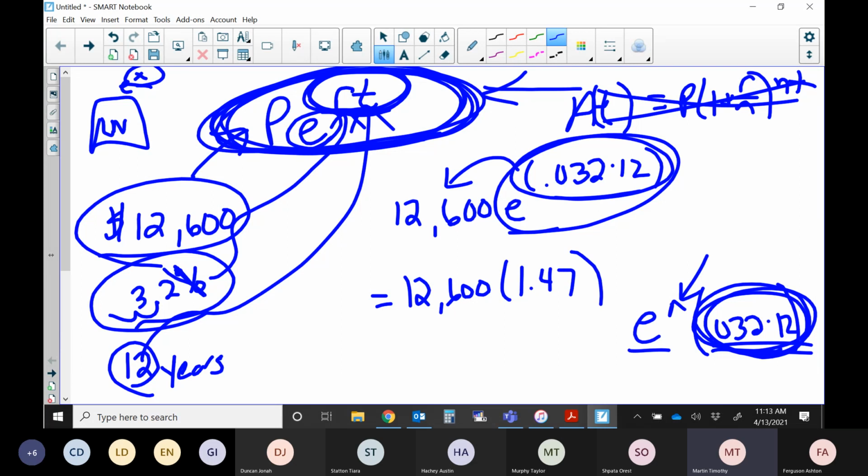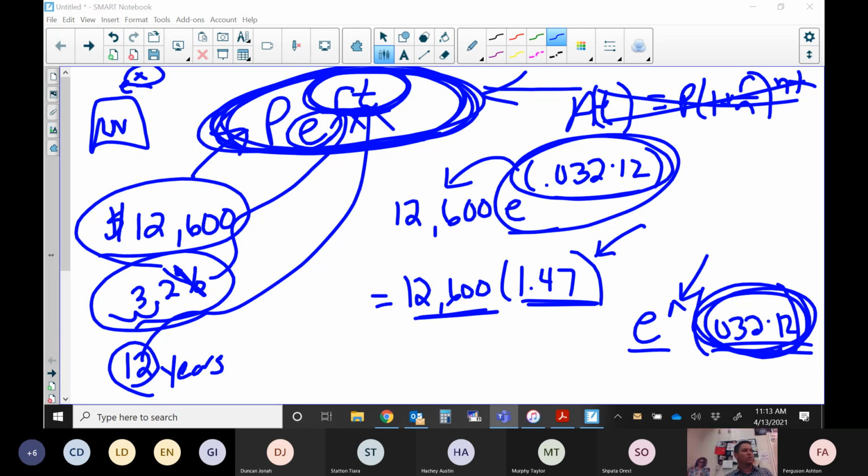Now, hopefully you did this on your own. If I put this and multiply it by that, my answer is going to be off because I rounded this. The more you round in a problem, the farther you are from the actual answer. So I don't do this very often, but I am leaving this number in my calculator. I know it's hard for you to see, but you see how much longer it is. I don't want to write that number down, that's too much time. So I'm going to hit 12,600 times second ANS.